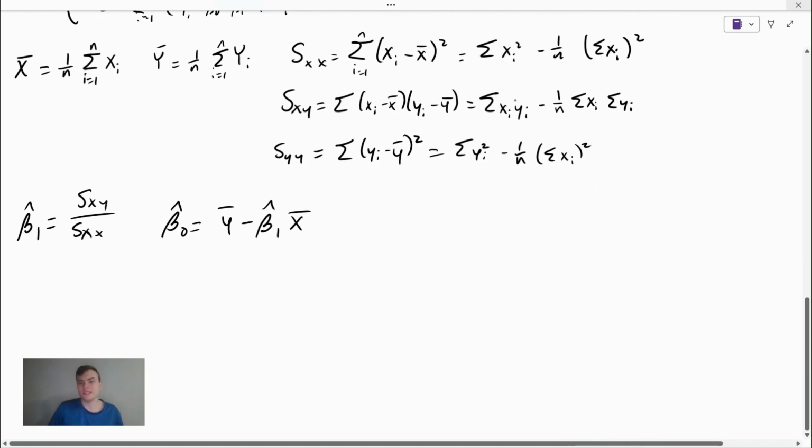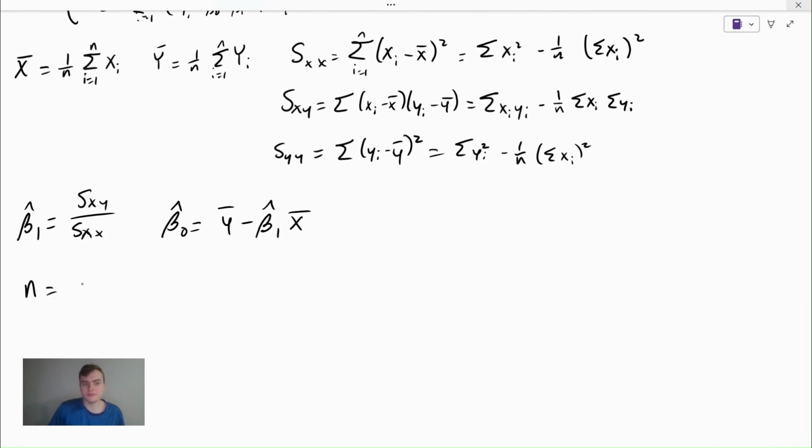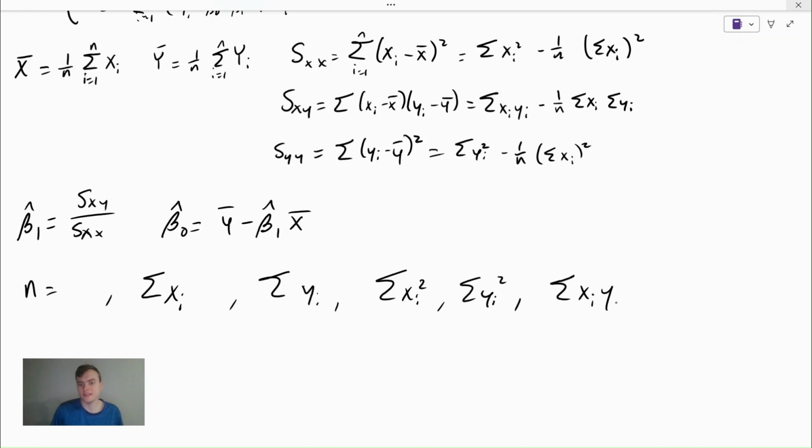We only need a few features of the data set. We need n equals some value, the sum of x, the sum of y, the sum of x squared, sum of y squared, and the sum of xi times yi, the dot product.